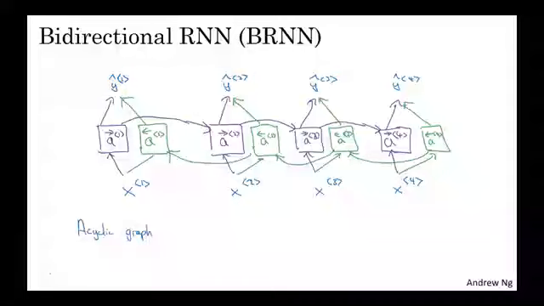Given an input sequence x1 through x4, the forward sequence would first compute forward A1, then use that to compute forward A2, then A3, then A4. Whereas the backward sequence would start by computing backward A4, then go back and compute backward A3. Notice you're computing network activations. This is not backprop, this is forward prop.